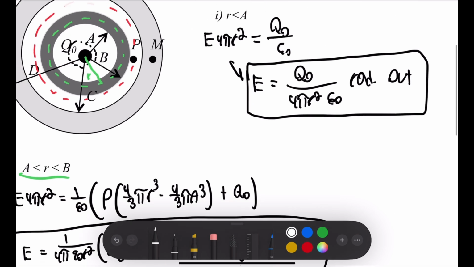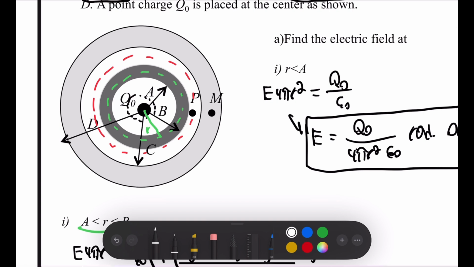And again, this is because our Gaussian surface is now enclosing the entire insulator. The insulator has a max radius of B. This is B, and this is radius A.